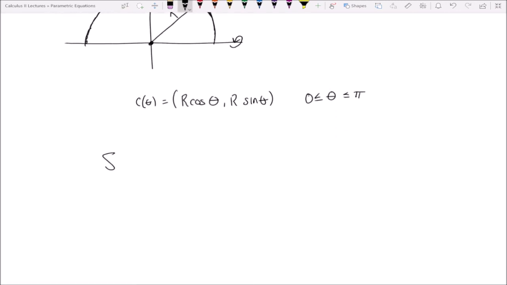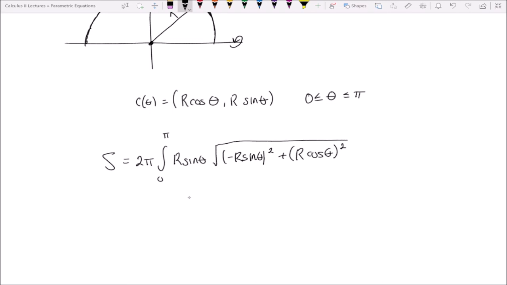So what we get is surface area is 2 pi times the integral from 0 to pi of r sine of theta times the square root of negative r sine of theta squared plus r cosine of theta squared d theta.